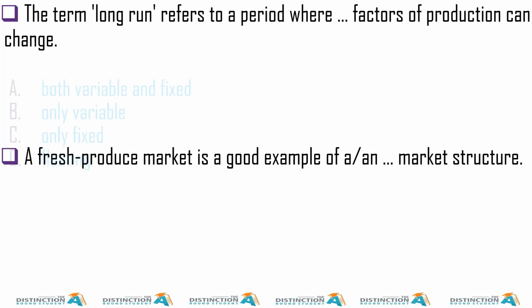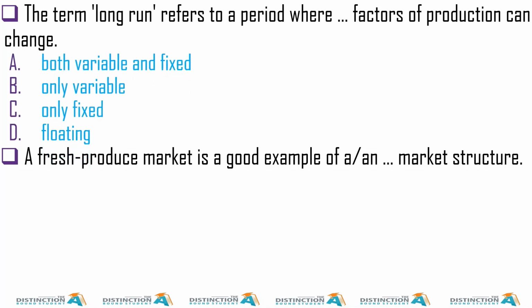The term long run refers to a period where dash factors of production can change. That will be all of them. Yes, both variable and fixed. They both will be variable. A fresh produce market is a good example of a dash. Come on, think about it.